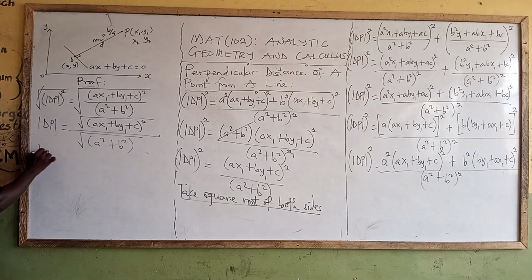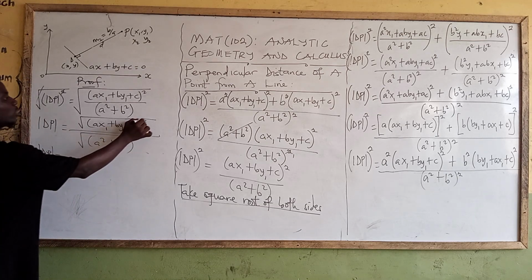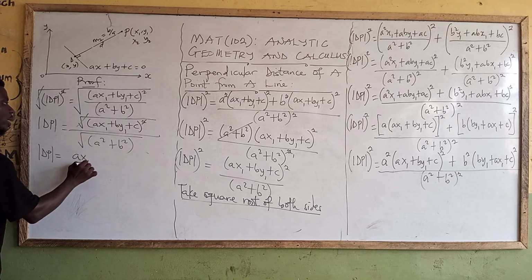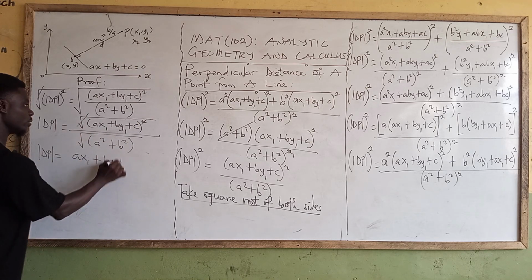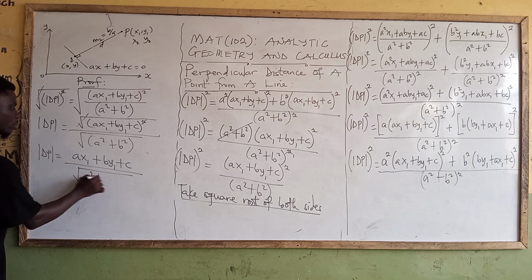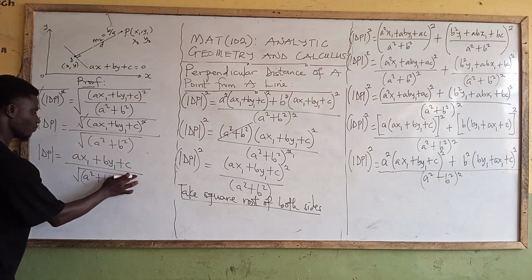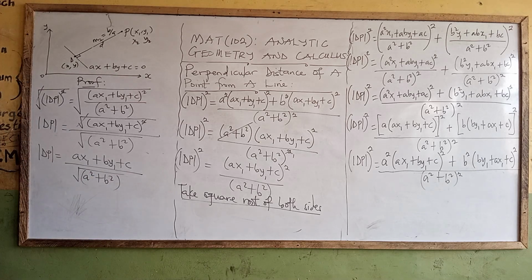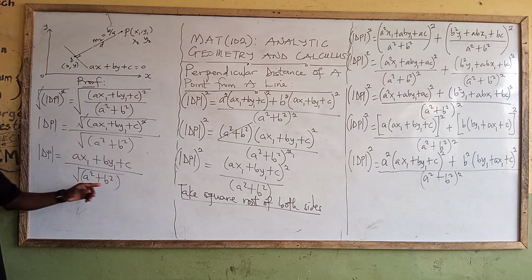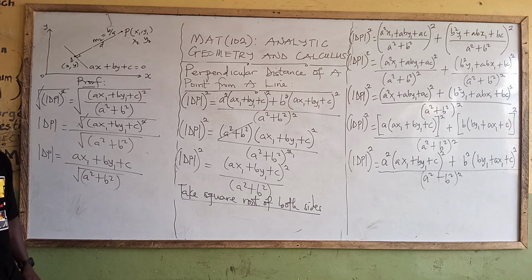So the length of DP must be equal to, this one takes away that, so I have a x1 plus b y1 plus c all over the square root of a squared plus b squared. So we have this. So the length of DP is equal to a x1 plus b y1 plus c all divided by the square root of a squared plus b squared.